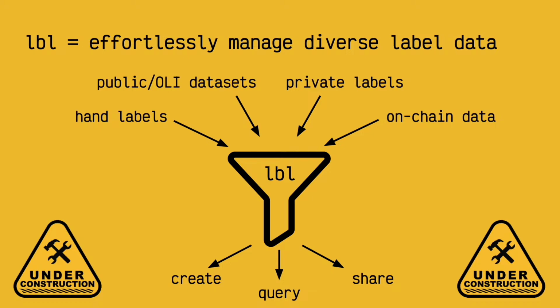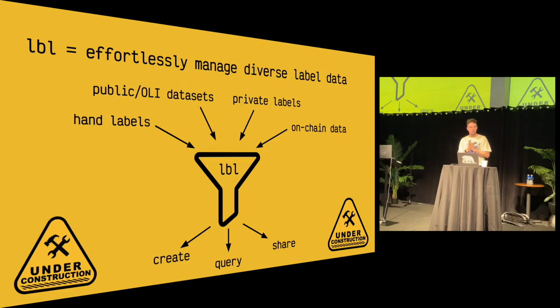LBL is the first tool built specifically to manage labeled data sets. So for example, LBL will make it so that you can load any data set you want in just a single line of code, whether it's derived from on-chain data like ERC20s or Uniswap pools or Chainlink feeds, or whether it's from Dune and maybe you want to get Hildobby's sex data set.